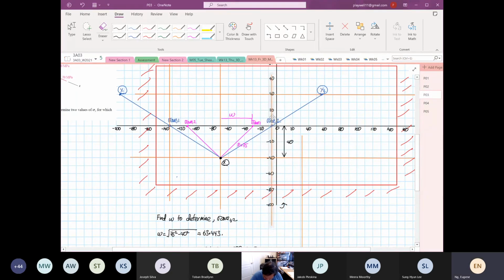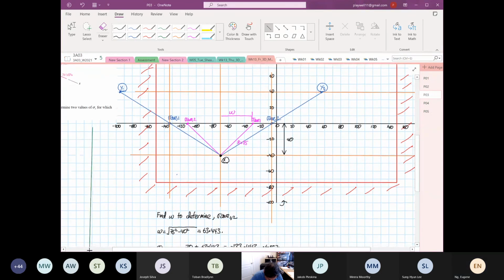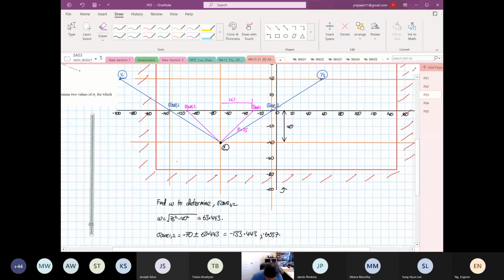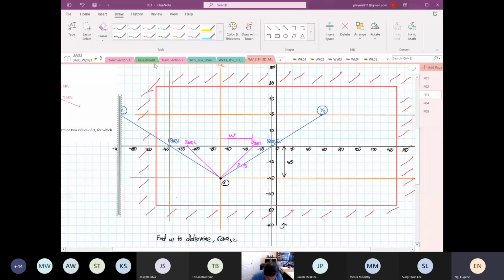And then if we look at where we intersect the Y1 and Y2, I'm going to draw another two lines. This distance from here to here, and then another one from here to here.